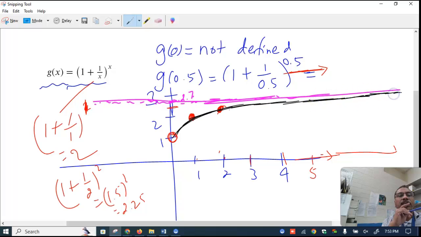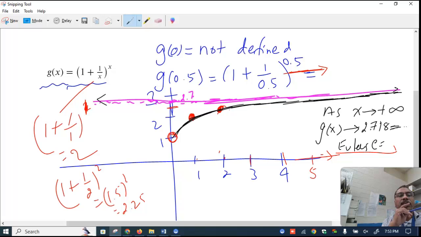This is coming near to that, like a horizontal asymptote. So as x approaches a very large positive number, g of x becomes almost close to 2.7. Of course, it is going to be 2.718, which is the approximation of Euler's number, E, which is 2.71828, and we will see that also in the graph.